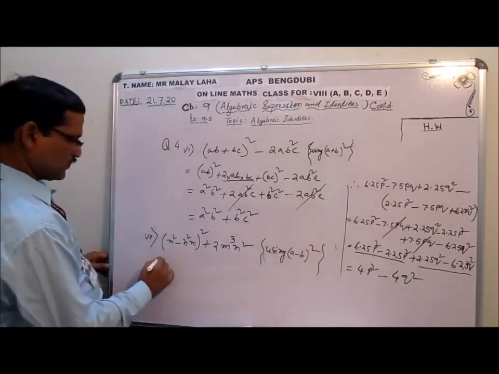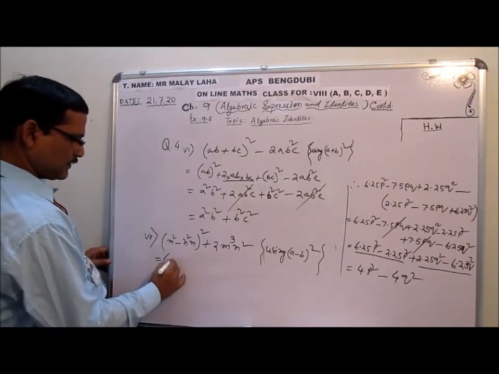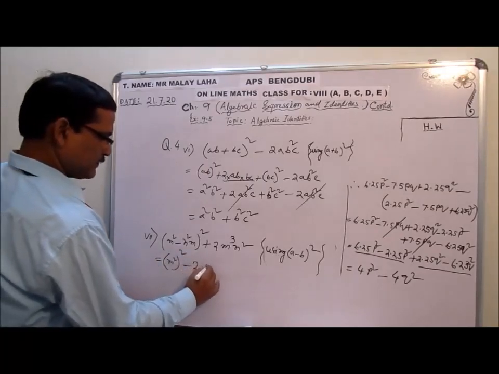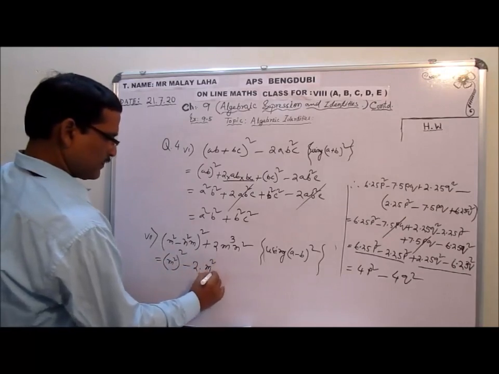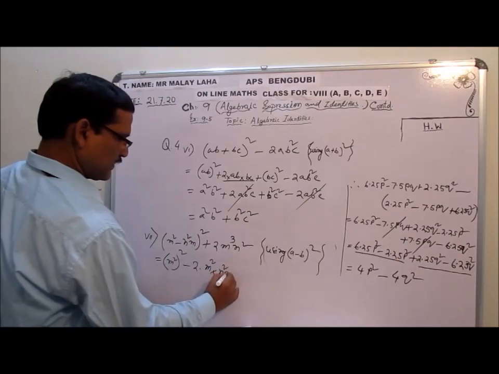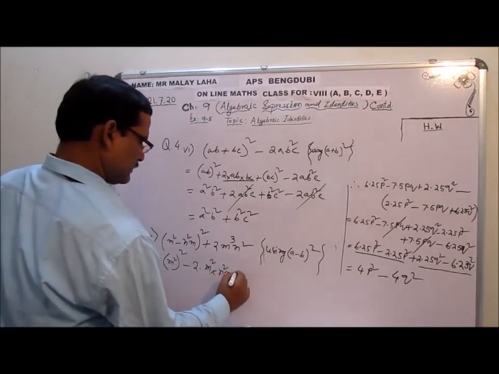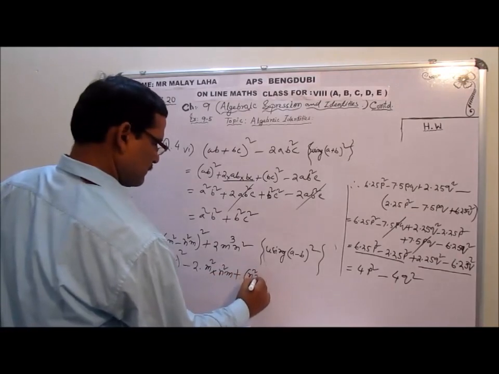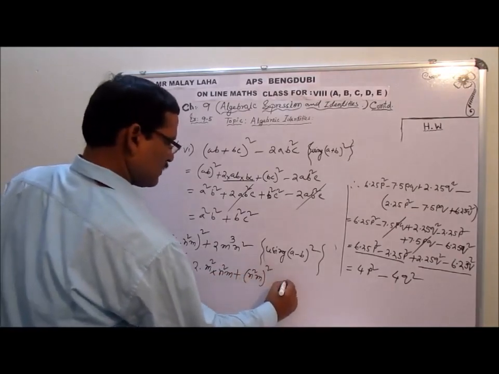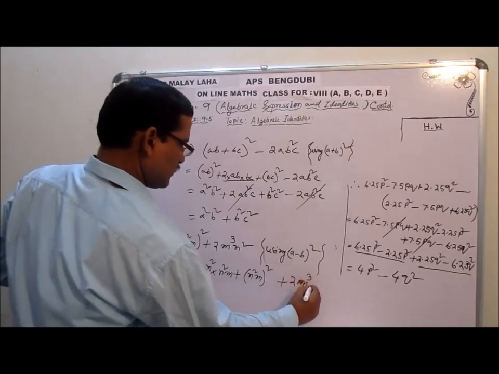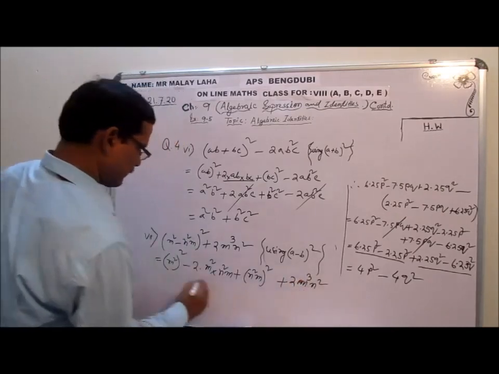It will be a square, meaning (m square) whole square, minus twice a, meaning m square, b, meaning n square m, plus b square, meaning (n square m) whole square, plus twice m cube n square. Now solve it.